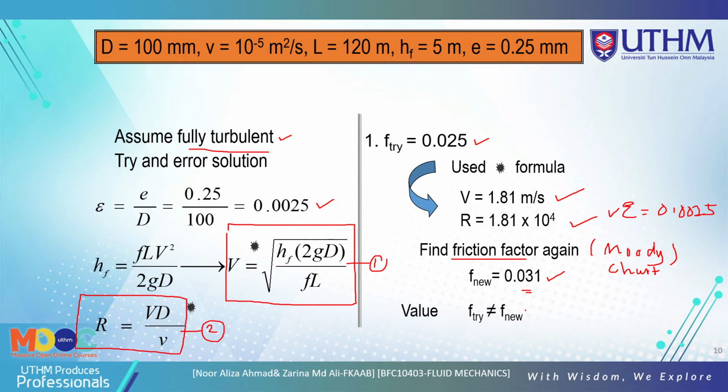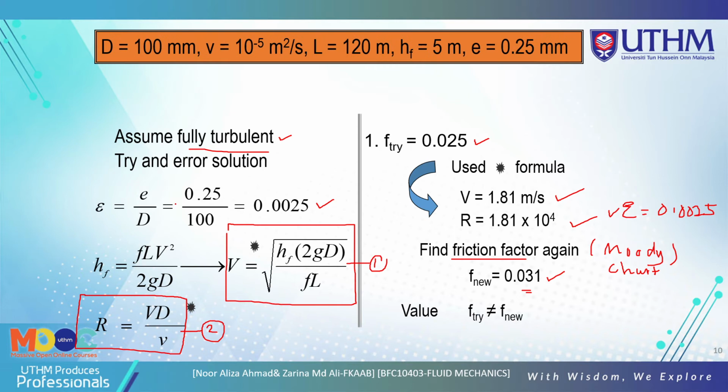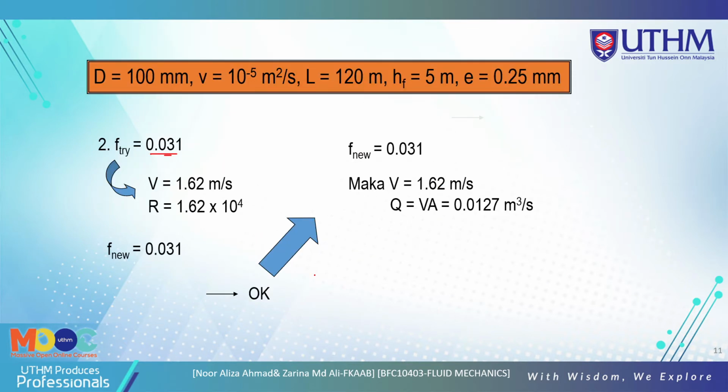So now you do the second trial. For the second trial, you use the F new that you got from trial 1. So the F trial is 0.031. You put this in the velocity formula, and you get a velocity of 1.62 meter per second.